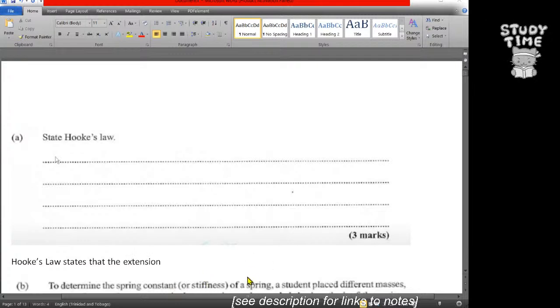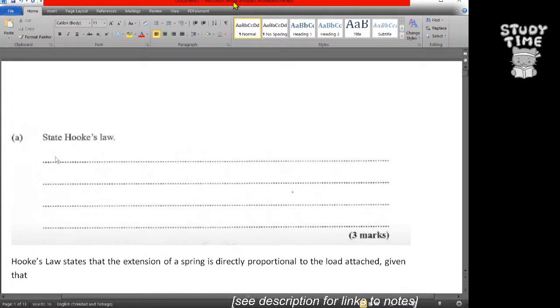of a spring is directly proportional to the load attached or to the force, given that, remember, it had to be within the elastic limit. It is within the limit of proportionality or the elastic limit.